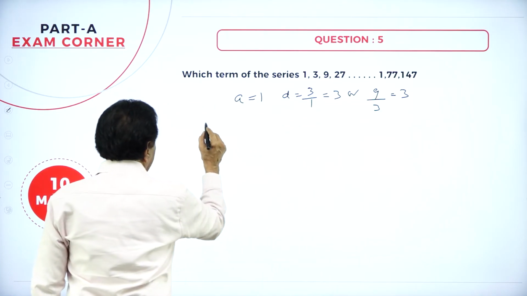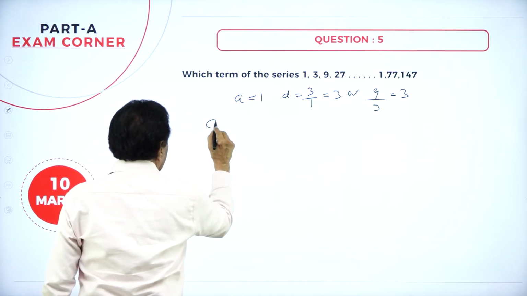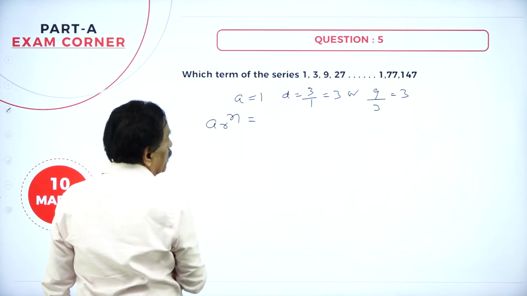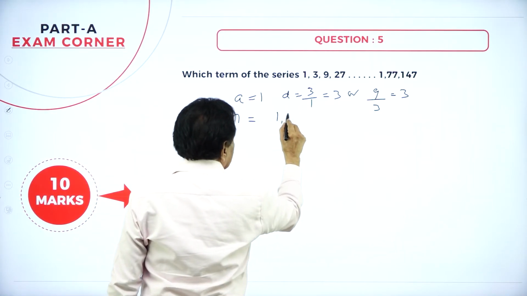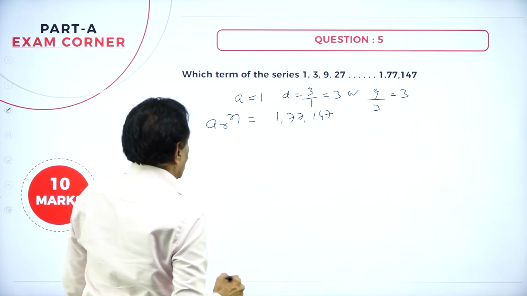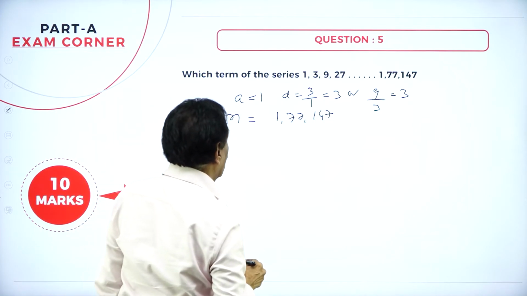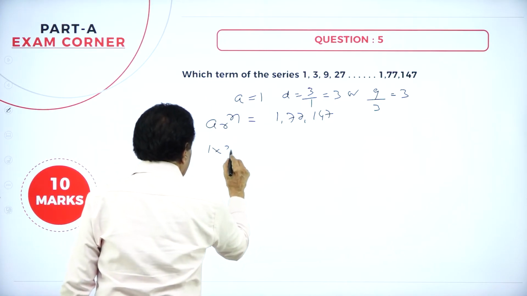So if we apply the geometric progression, ar to the power of n is equal to 177147. What's your a? 1. What's r? 3.